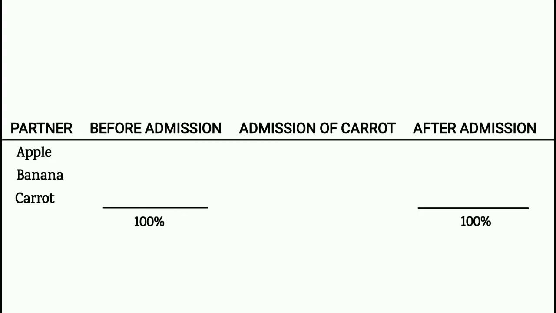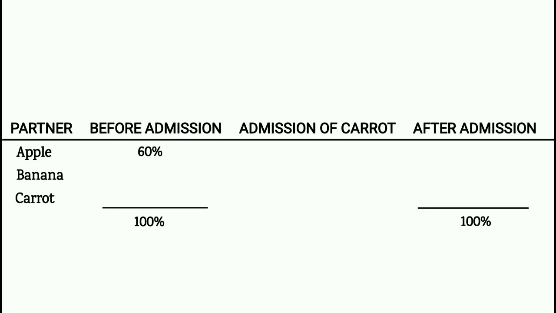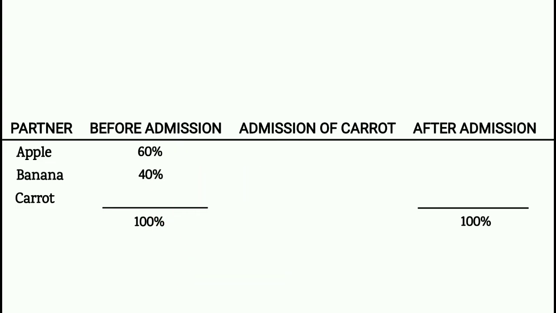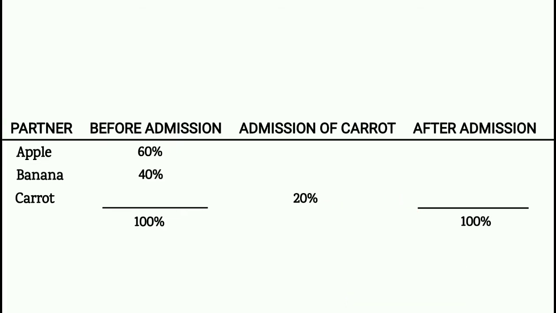Before admission, ang profit or loss ratio ay 60-40. 60% para kay Apple at 40% para kay Banana. Dahil inadmit si Carrot, yung 20% ay mapupunta sa kanya. At yung natitirang 80%, yan yung i-allocate natin kay Apple at Banana.